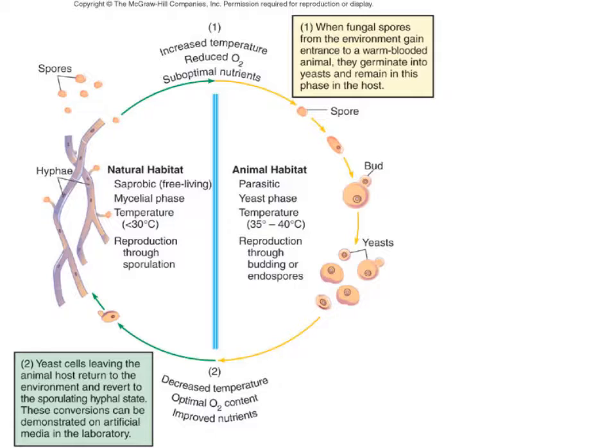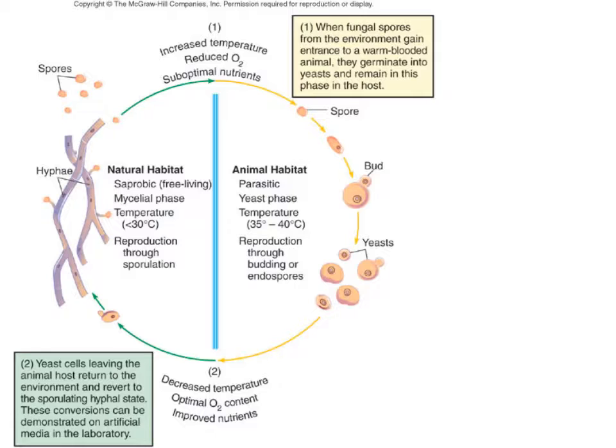So if you, for example, pay attention to the right-hand side, there where the spores are formed, they bud out, and yeast is primarily the mode of spreading, and the temperature again in this case happens to be 35 to 40 degrees C. So that's a typical animal habitat.